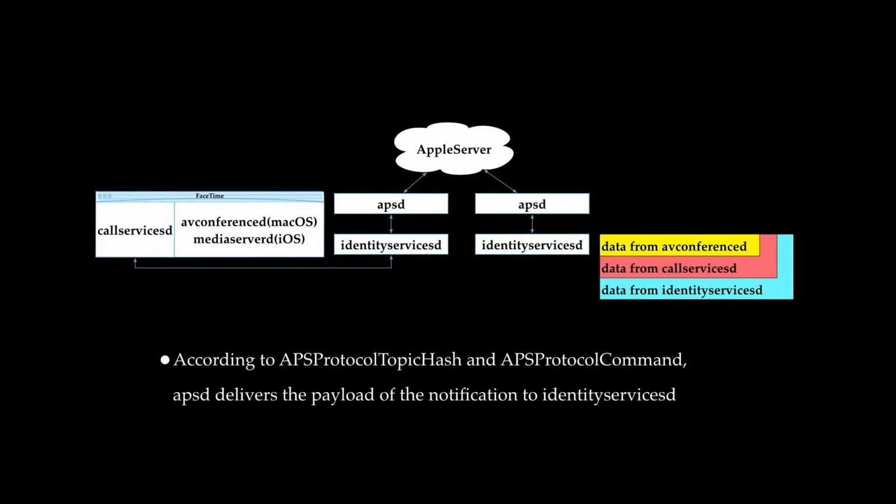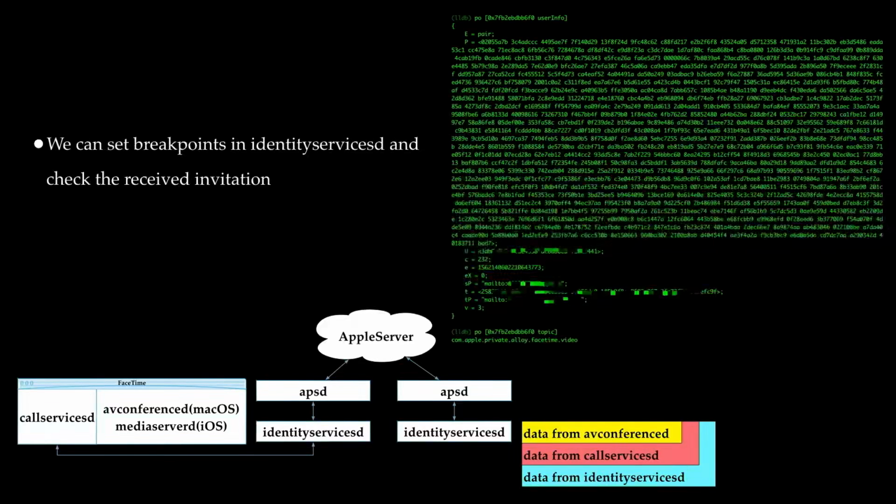APSD will, according to the APS protocol topic hash and APS protocol command received, deliver the payload of the notification to IdentityServicesD. We also set breakpoints in IdentityServicesD and check the received invitation. It looks like the picture on the right side.